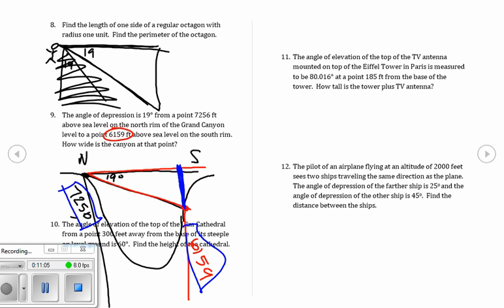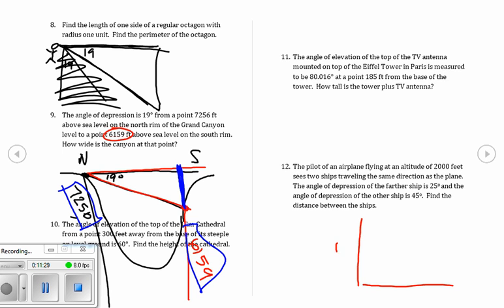Okay, then you've got one side and you've got one angle. You can figure out anything. If you have two sides, you can also figure out anything. Because if I have two sides of a right triangle, I can figure out all the angles and all the sides.